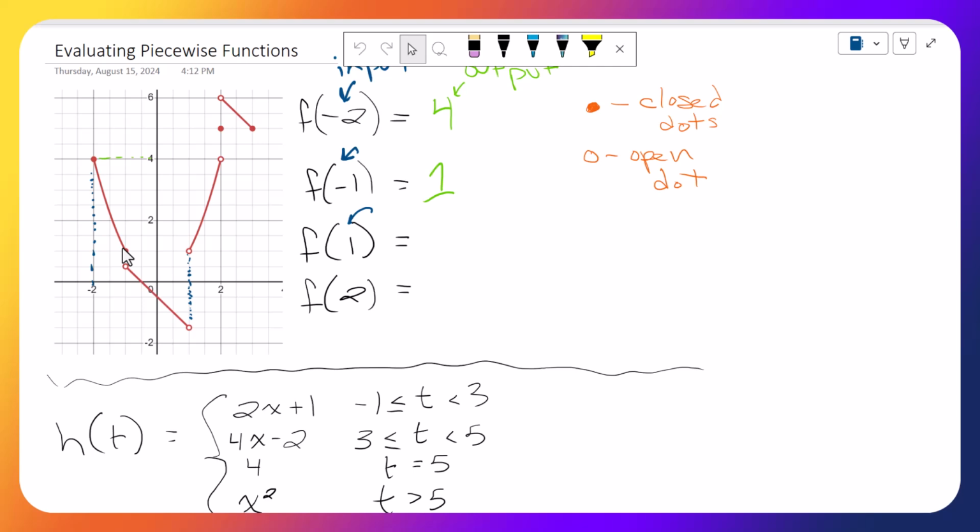There are no closed dots. So what I said before, at an open dot, our function is not defined. So here at f of 1, our function is undefined. At this point, we have no closed dots there, it's undefined.